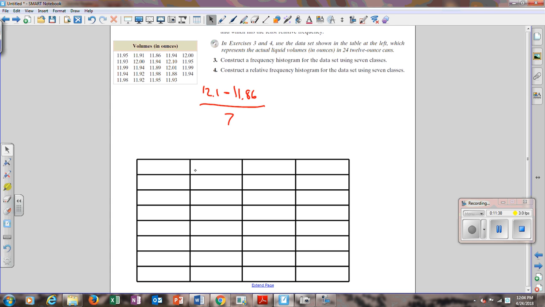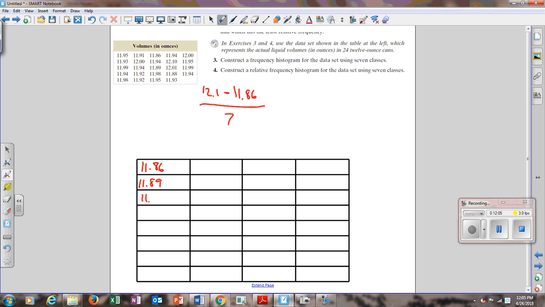That's better. Finally. Alright, start with the lowest number. It's going to be 11.86. Then add 0.03 to that. You get 11.89.